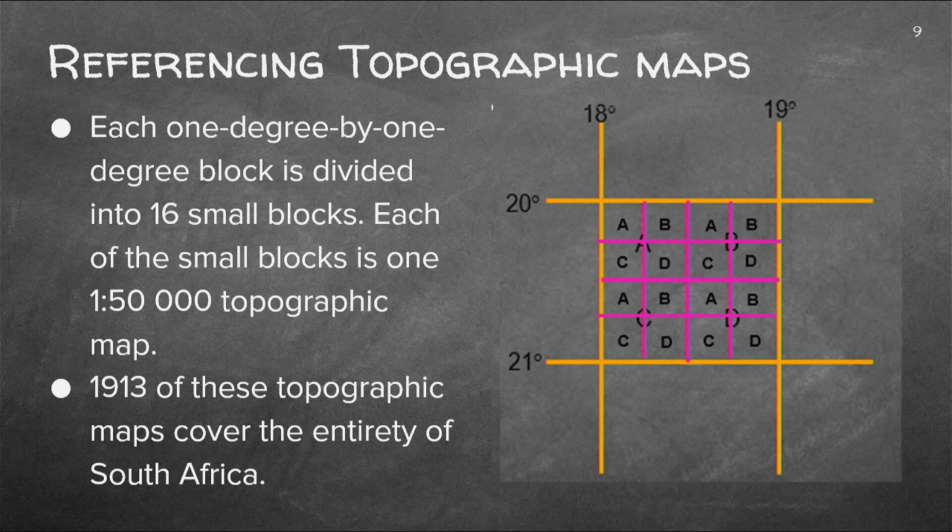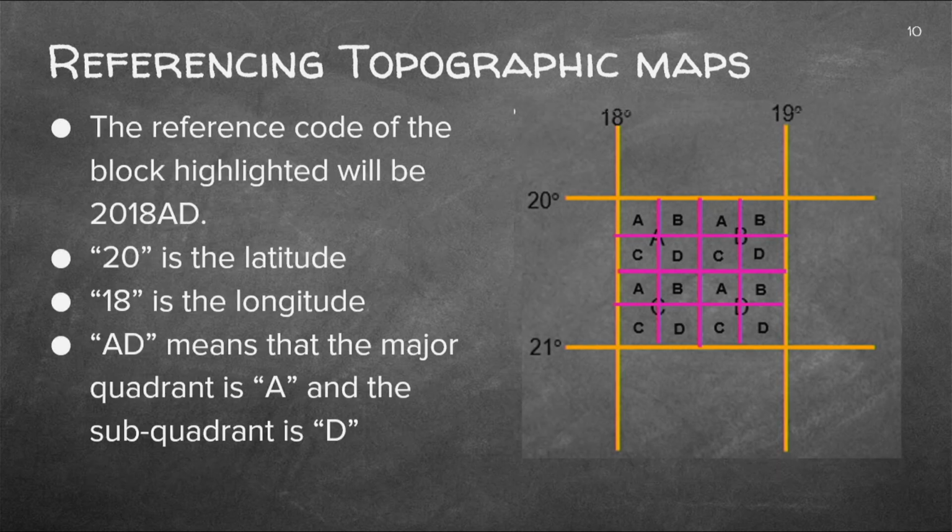So the NGI has produced 1,913 of these topographic maps that cover the entirety of South Africa. So then comes the referencing.